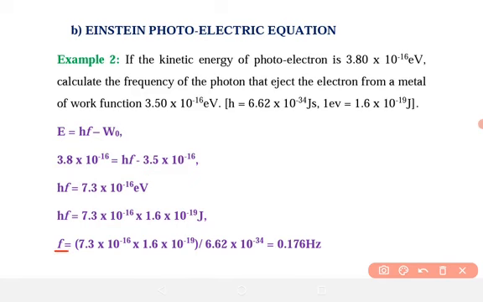Our h is already given here as a constant, so we put the entire value of this over the value of our Planck constant, which is h, and we have our frequency to be 0.176 hertz. That's the frequency there. Okay, let's go to the next subtopic under this energy quantization.